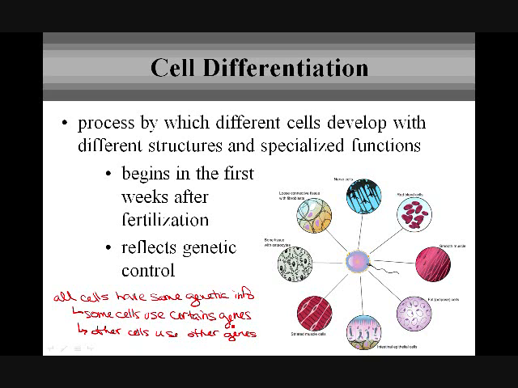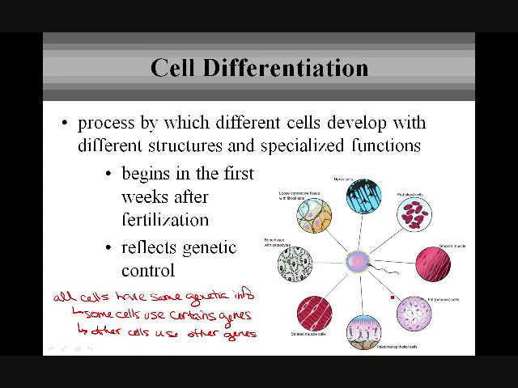And what I mean by that is that, reflecting genetic control, depending on which specific genes a cell is going to utilize and which specific set of genes a cell is going to ignore, that cell is going to develop certain characteristics, certain shapes, certain structure, and pretty much certain functions in order to meet those structures based on the genetic information that it's using.